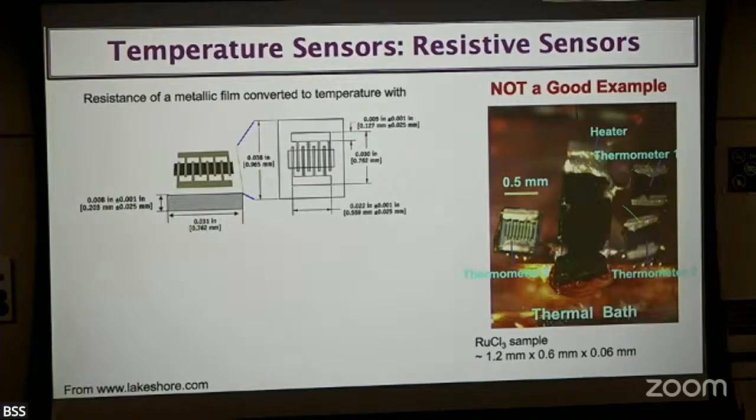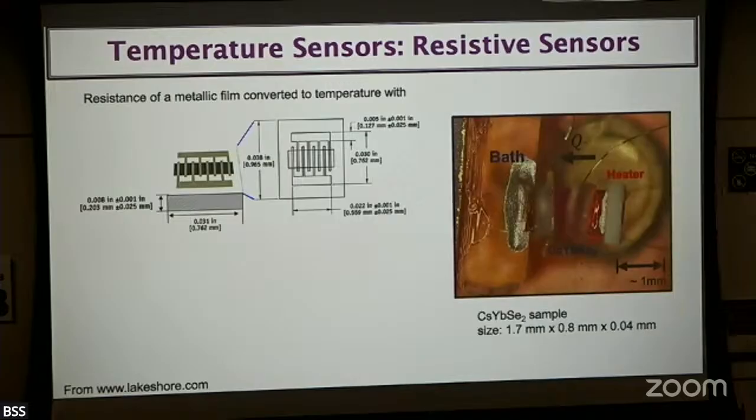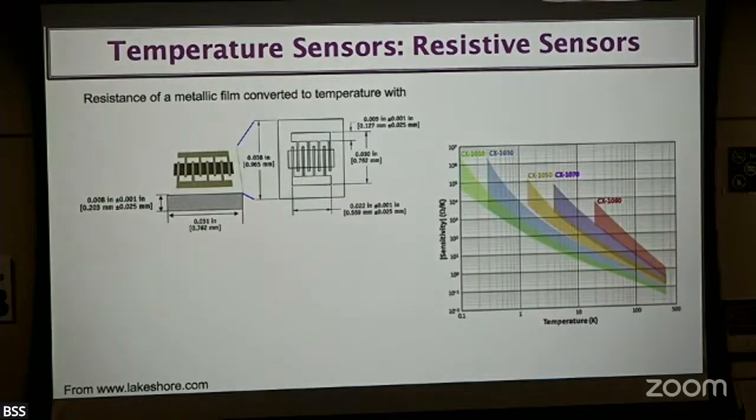And here the Cernox is not lying down, it's standing. That's why it's out of focus. So it's only touching this area on the sample. Even so, you can measure temperature because it has such high sensitivity, particularly at low temperature.